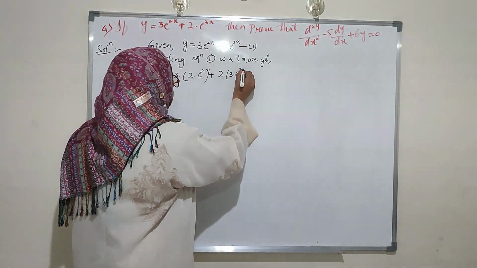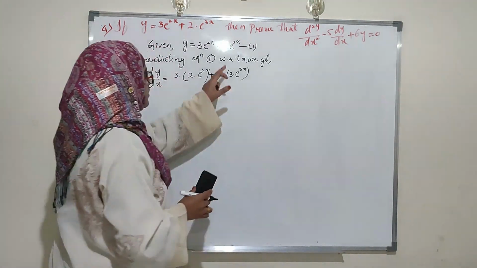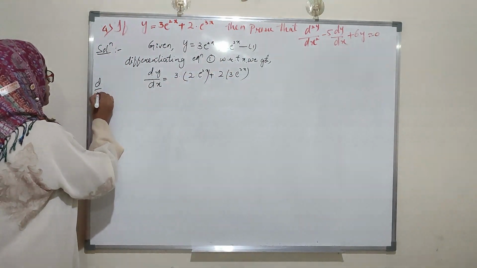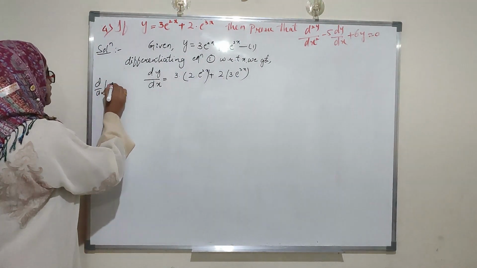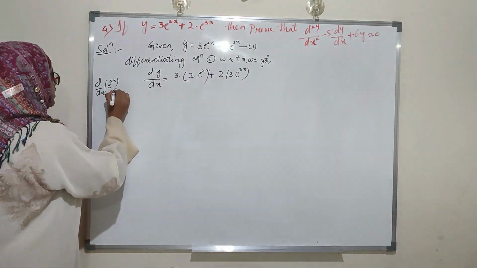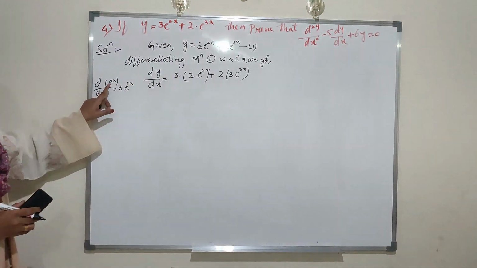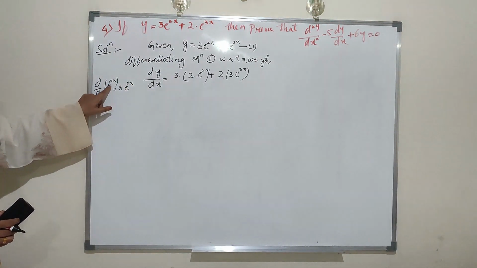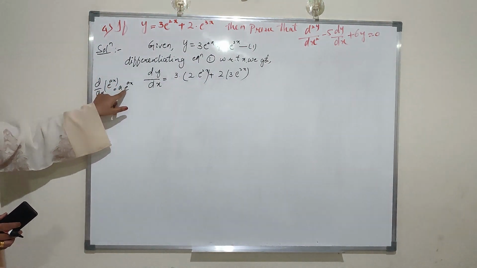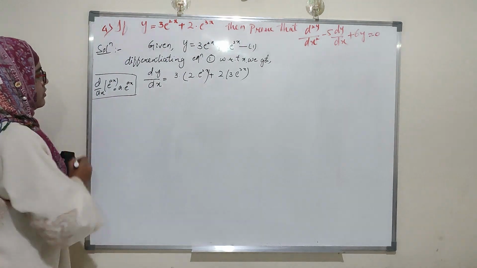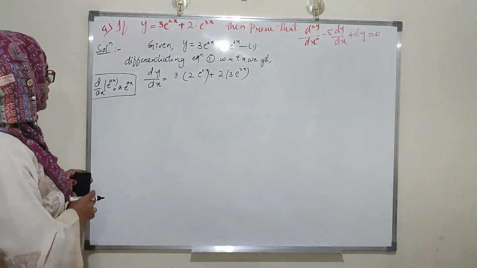The differentiation of e raised to a of x is nothing but a into e raised to a of x. Write this in your notes as a rough column.